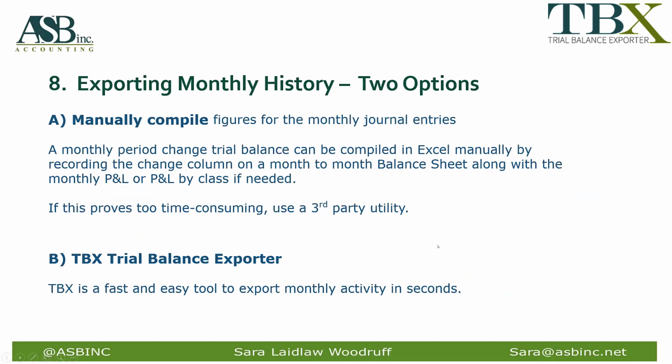If that's too time-consuming, find a third-party utility, which I happen to have written. TBX, the Trial Balance Exporter, has been a lifesaver for me. It is a fast, easy way to get journal entries, and it just takes seconds.